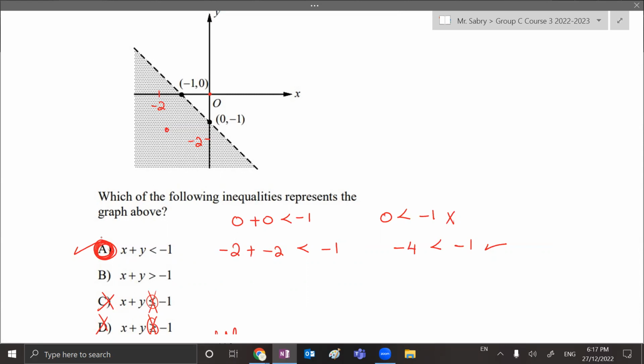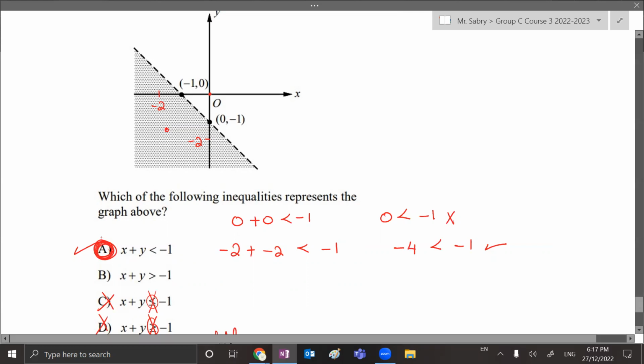So the circle is shaded makes sense. What do you mean the circle is shaded? No, Carla, those are not on a number line. If we're talking about a number line, then yes, the shaded circle means less than or equal. But these are just points on a line on an XY axis. In this case it doesn't matter.